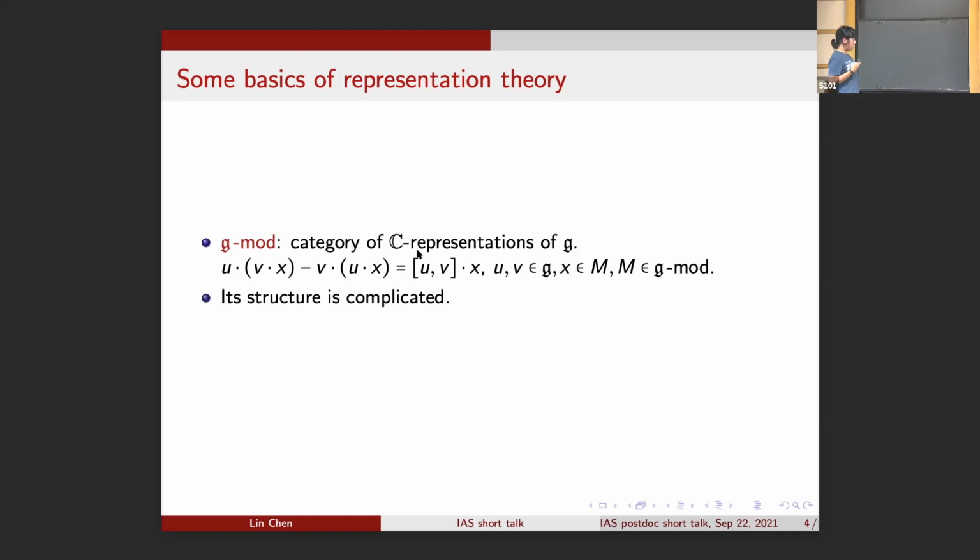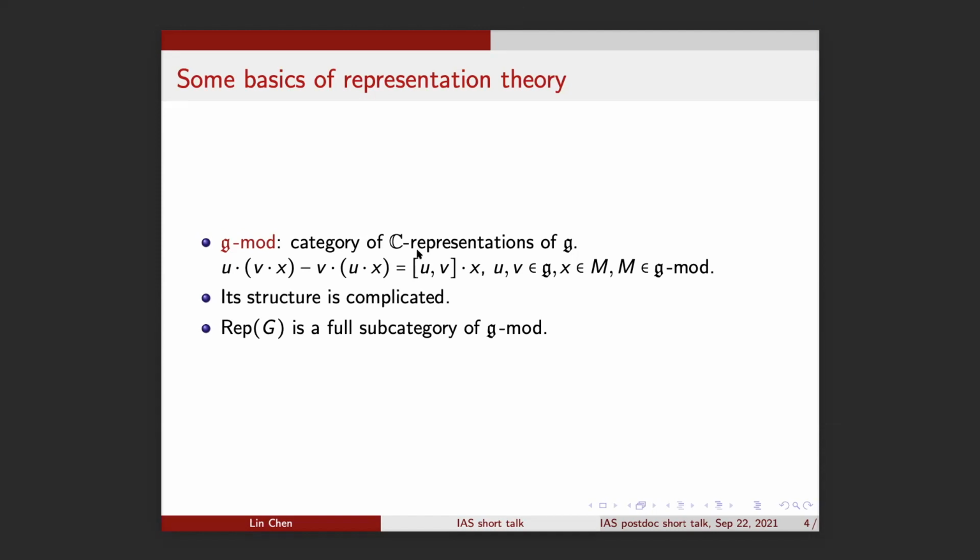The structure of this category is more complicated, and the previous semi-simple category is a full subcategory of this one. I'm not going to tell you anything about the structure of this g-mod.